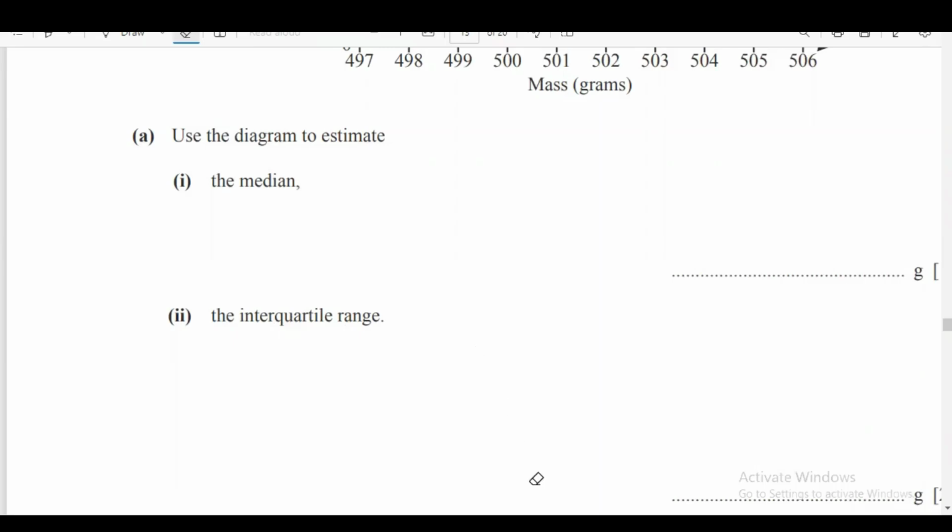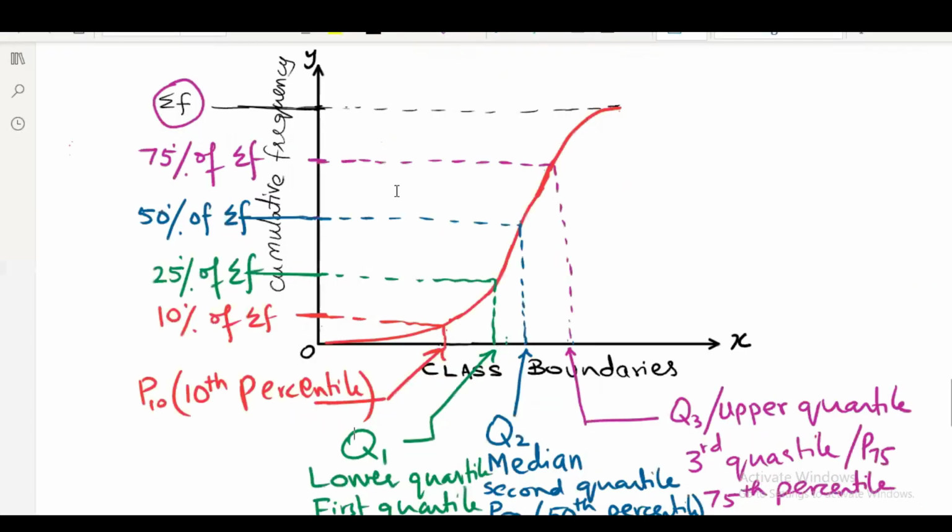I have already discussed how to find median, Q3, Q1 and percentile in the first video, part one of this cumulative frequency curve series. So don't forget to watch part one to grasp this topic.